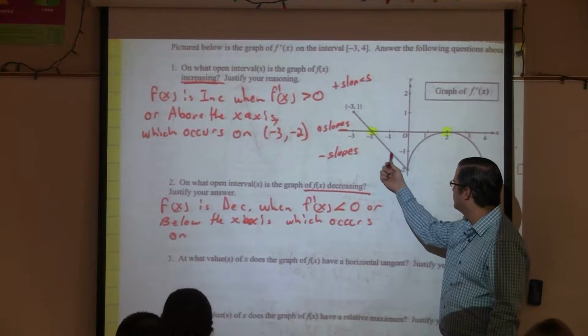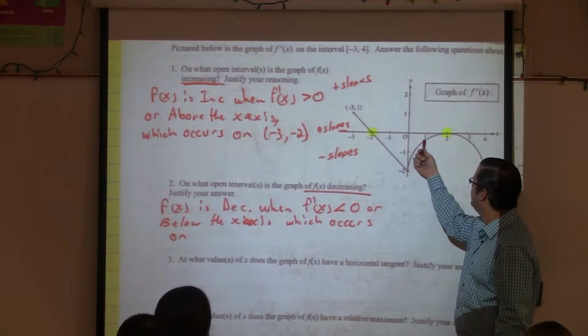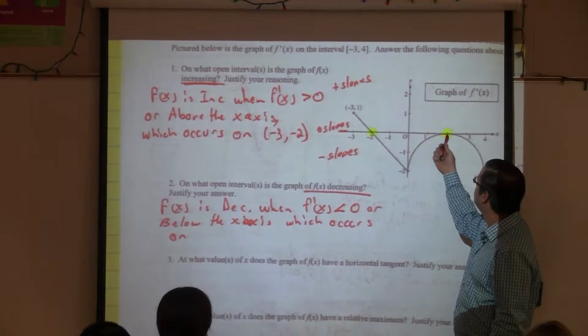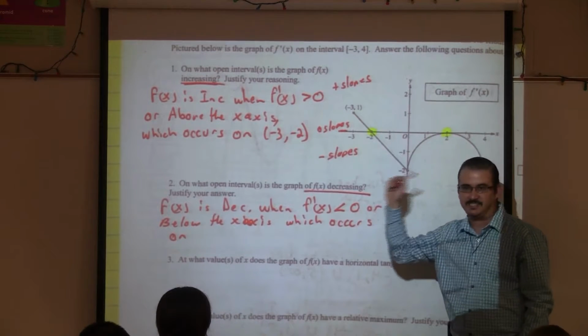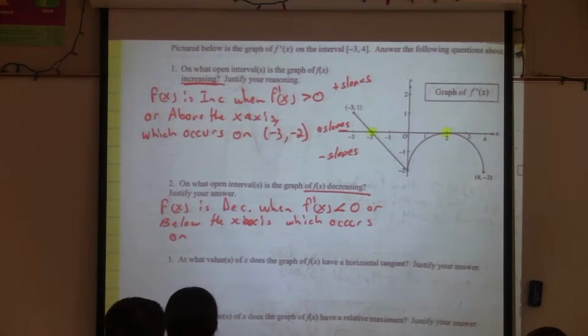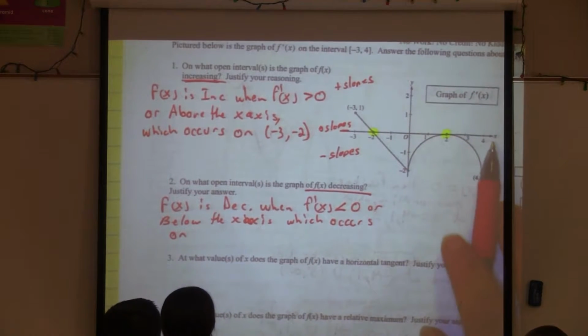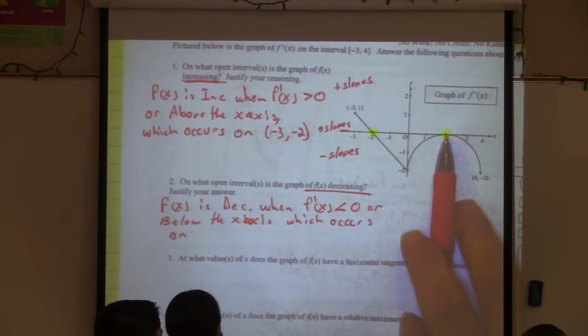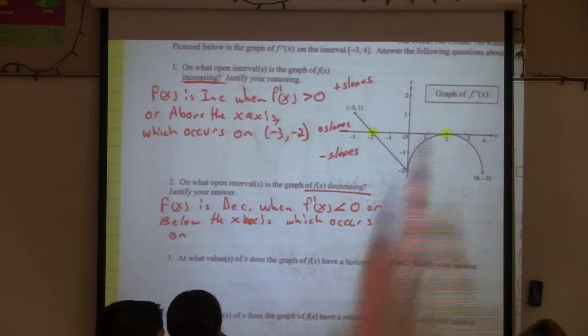We're underneath. We're still underneath. Still underneath. Are we still underneath at 2? No. At 2 we are at 0. So I can't just say from -2 to 4, right? Because at 2 we're not below 0, we are at 0. So you got to be careful.